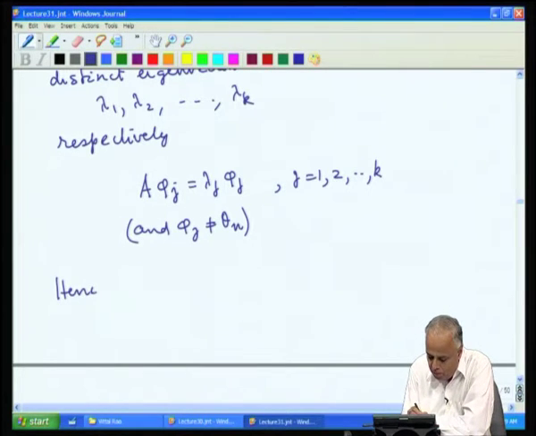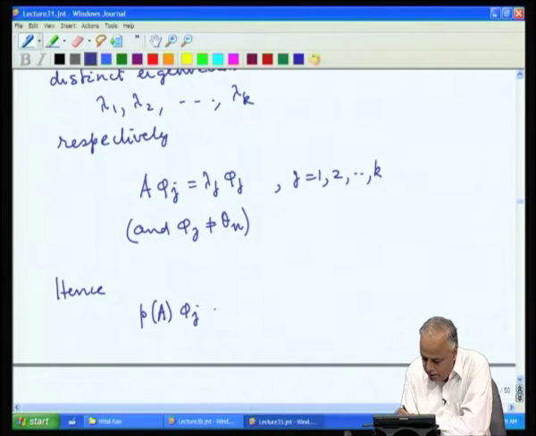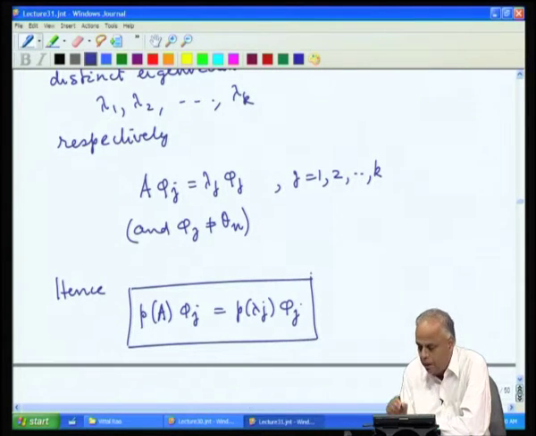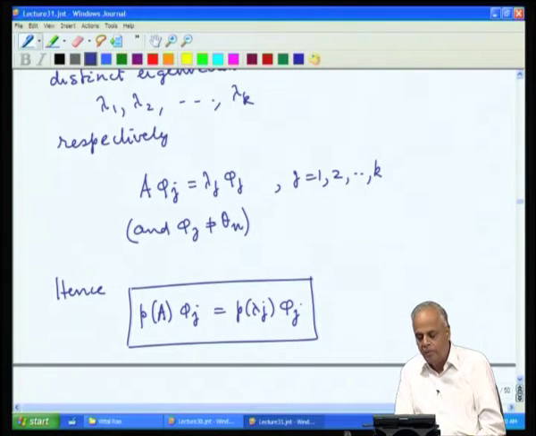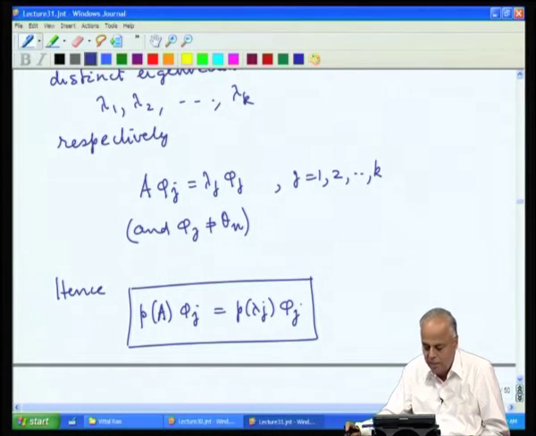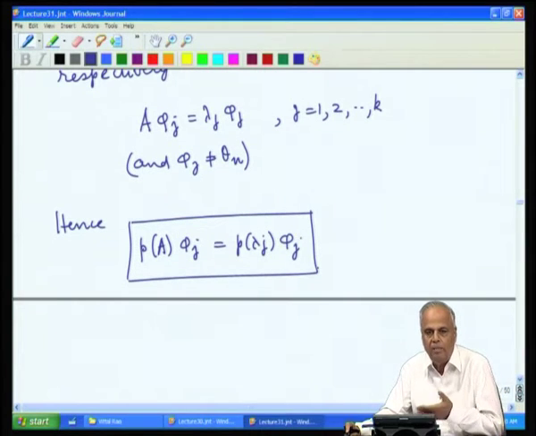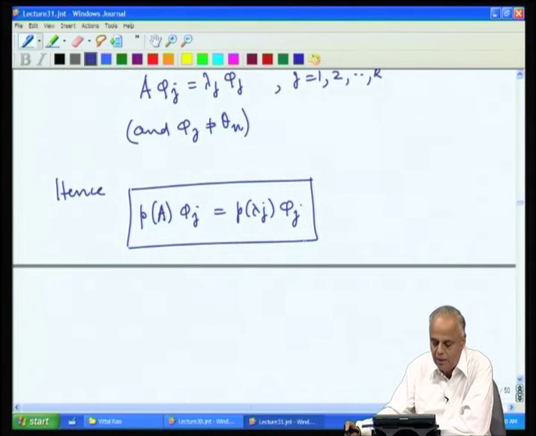Hence, from our above calculation, P(A)φⱼ is equal to P(λⱼ)φⱼ. This is what we found above: the polynomial matrix evaluation acting on the eigenvector is the polynomial evaluation at the eigenvalue multiplying the eigenvector.